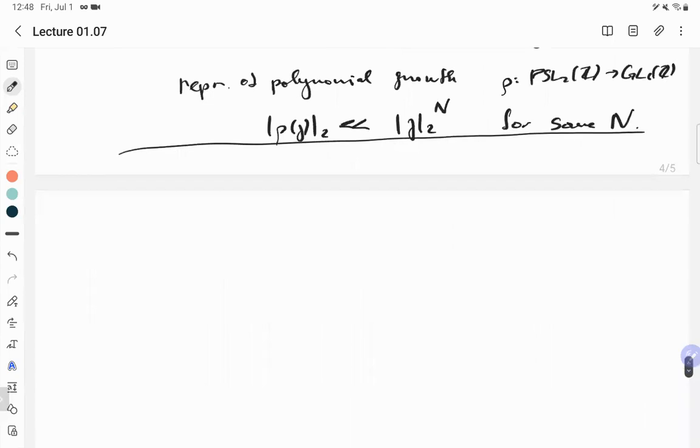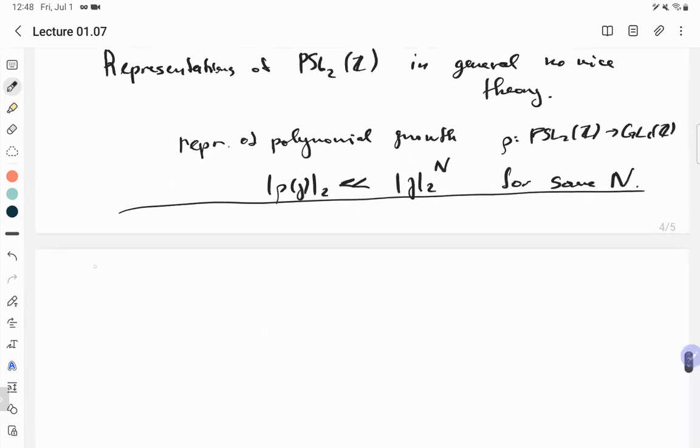Okay, and so the problem becomes the detailed work. You have to describe what modular forms are for this representation.